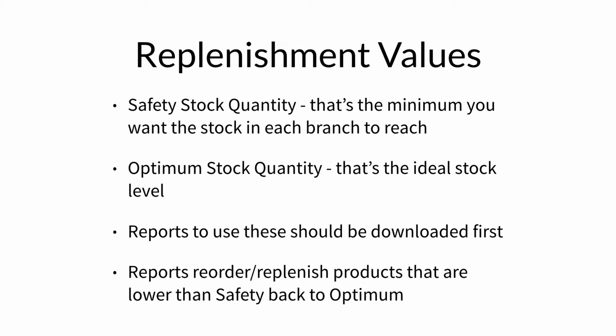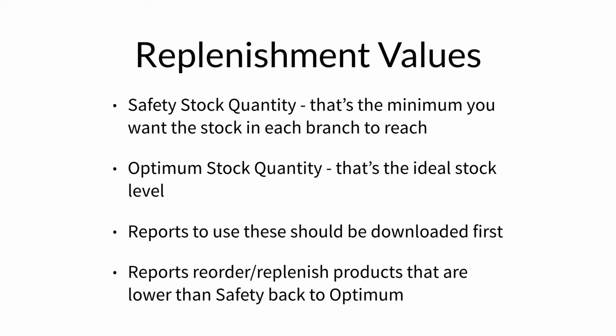So it could be that in my retail store that's in the high street, my safety stock quantity for that store is going to be higher than the safety stock quantity in an out-of-town store. And the great thing about the Stocktake Master, because it works at that branch level, we can apply safety stock quantities for each product in each branch.